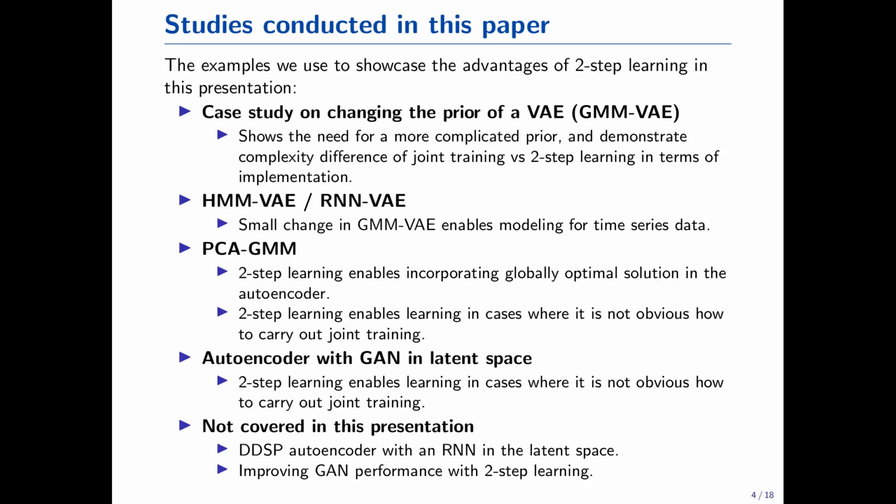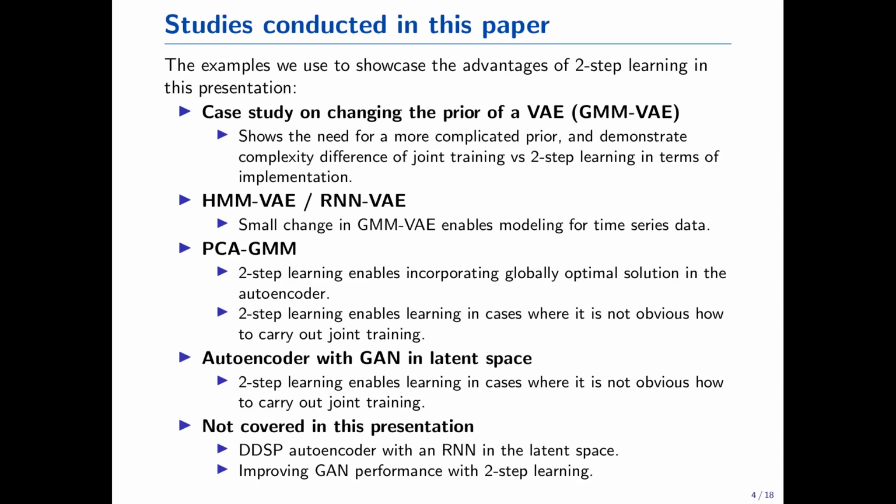Later on, we continue with PCA GMM, which showcases that with two-step learning, since the learning of the autoencoder is decoupled from the learning of the distribution on the latent variables, we can incorporate learning algorithms which give globally optimal solutions, such as the PCA algorithm.